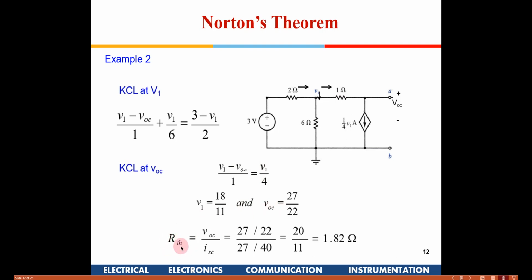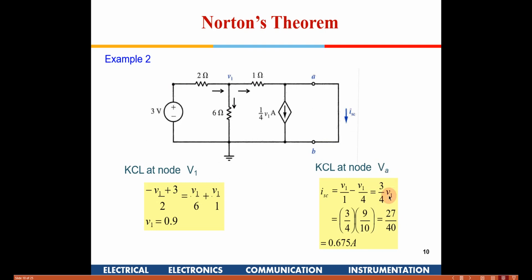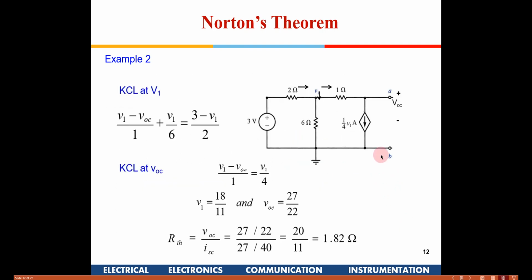Now RTH is found out by writing VOC divided by ISC. Okay, ISC we found out in the previous calculation, and here we are finding out VOC, and then VOC divided by ISC. This is nothing but the Thevenin voltage. Okay, and then we are dividing it by ISC and getting RTH. Is it okay?